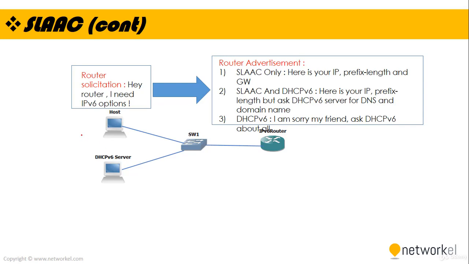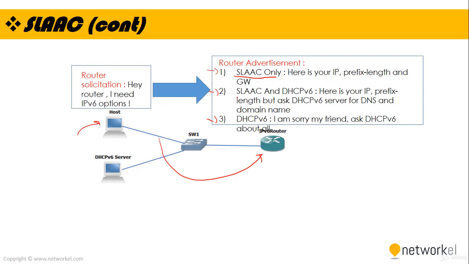The host makes a request first, which is a router solicitation message, saying, hey router, I need IP version 6 options. Our IP version 6 router gets this request and can reply in three ways. The first reply is SLAAC only, which includes, here is your IP, prefix length, and the gateway, replying to the host.